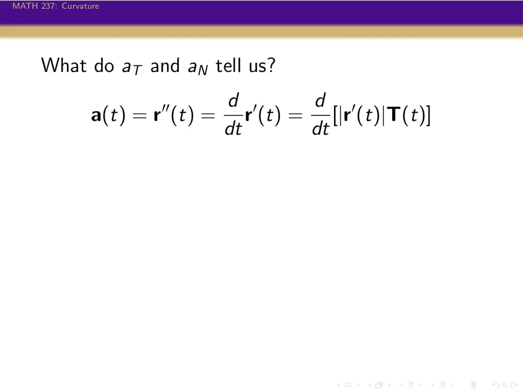It might be a little bit easier if I give this speed another name. I'm just going to call it v of t. So it's not a vector function, it's just v, for speed, times the unit tangent vector.